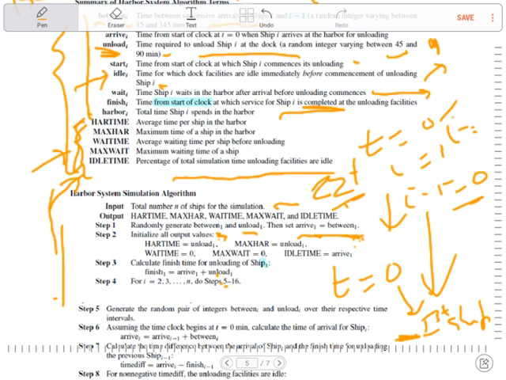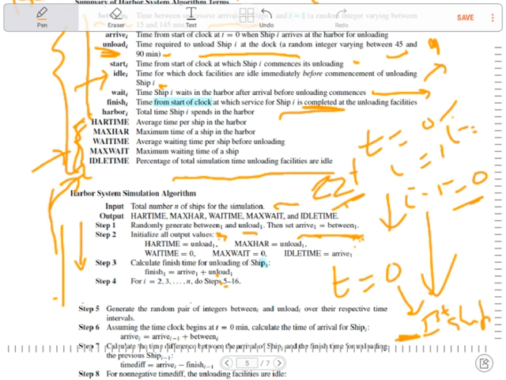Harbor time was the average time spent in the harbor. Until we generate data for further ships, we consider whatever we are getting from ship 1. So we are using ship 1's data to initialize. Harbor time is set to unload 1, the time required by ship 1 to unload. Max R is again unload 1, because only 1 is available.